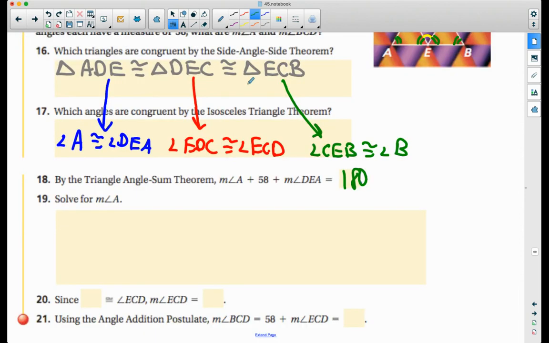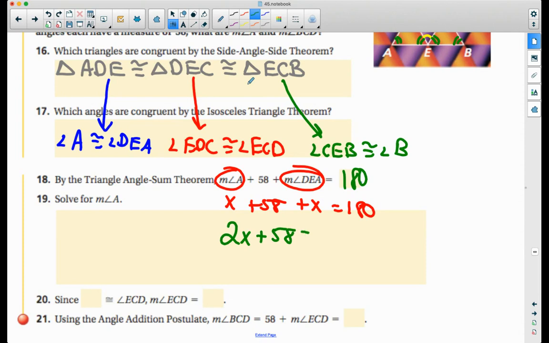I know that these two angles are the same, so we can call that x plus 58 plus x equals 180. x plus x gives me 2x plus 58 equals 180.